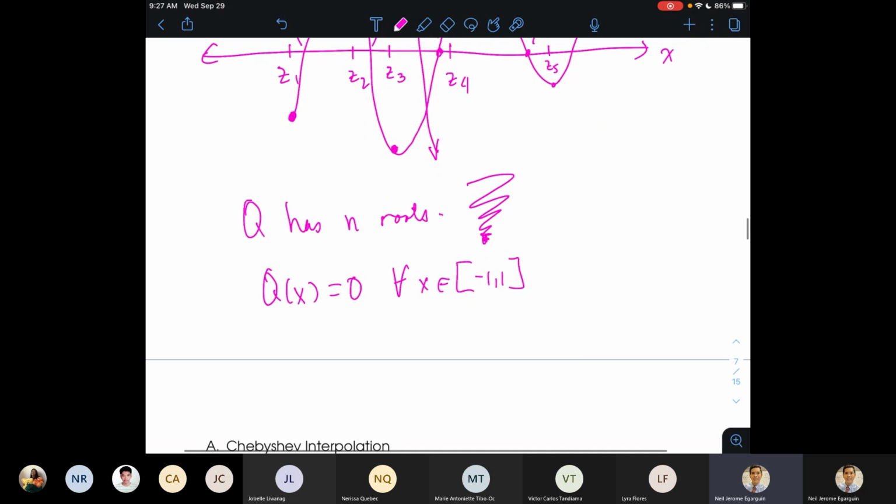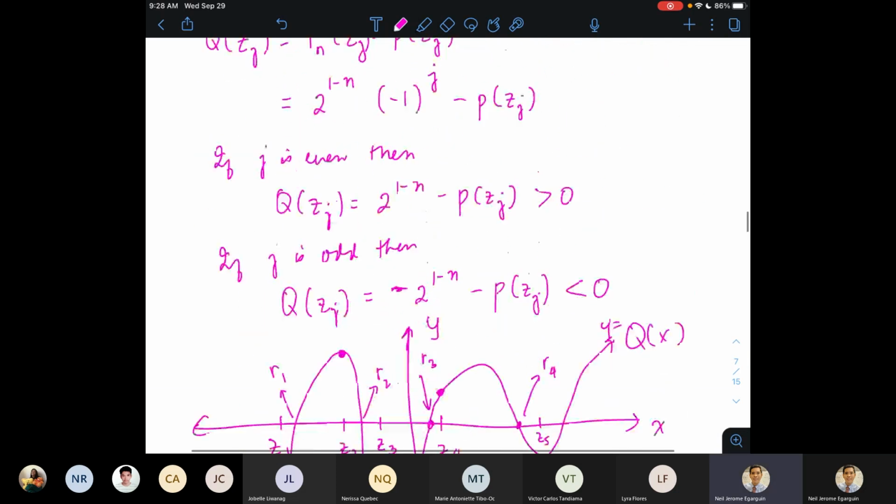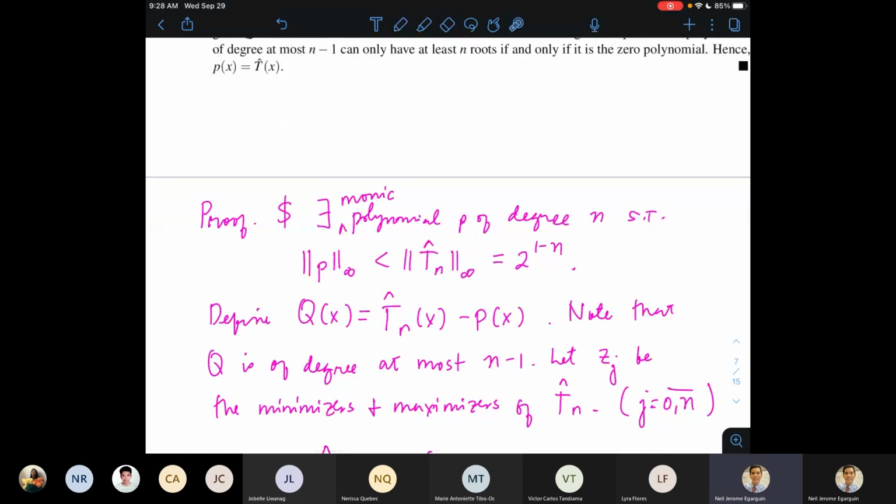Alright? At dahil si Q ay 0 polynomial, ano nga ba definition ni Q? Si Q ay T hat sub n of x minus P of x equal to 0. That means T hat sub n of x is equal to P. So equal lang pala yung Chebyshev polynomial dun sa polynomial P, which is again another contradiction kasi inassume natin na si P ay may mas maliit na L infinity norm kaysa kay T hat.